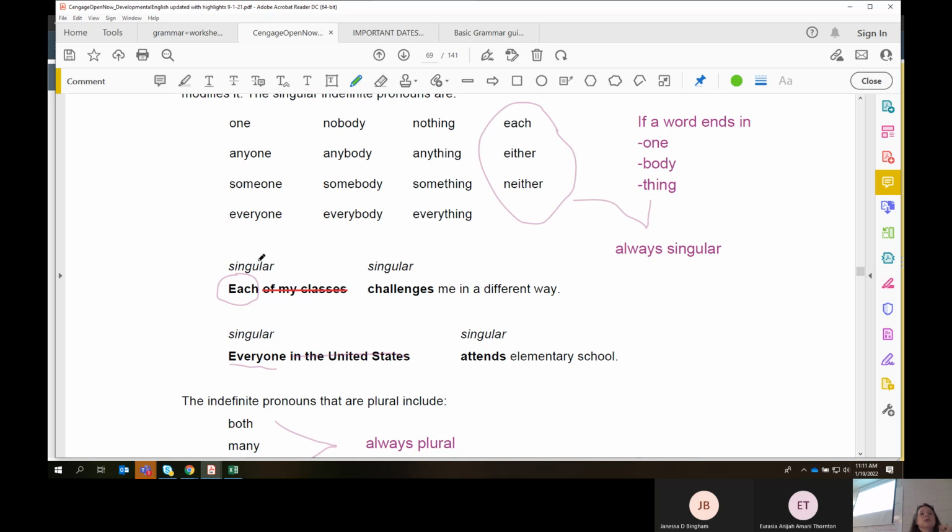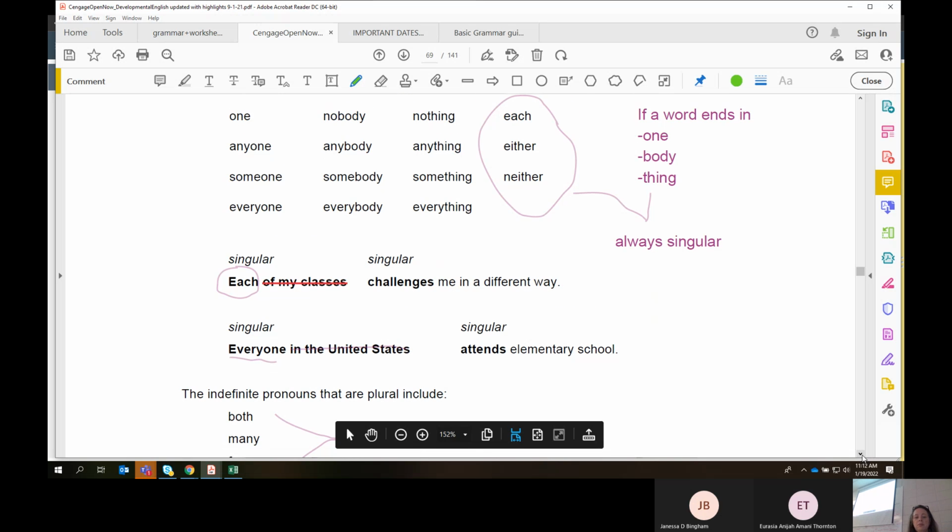The word each is singular. And I said that if the subject is singular, you're going to have an S on the verb. Stay with me, Zay. You with me? All right. Same here. Singular subject, prepositional phrase does not matter. S on the verb.